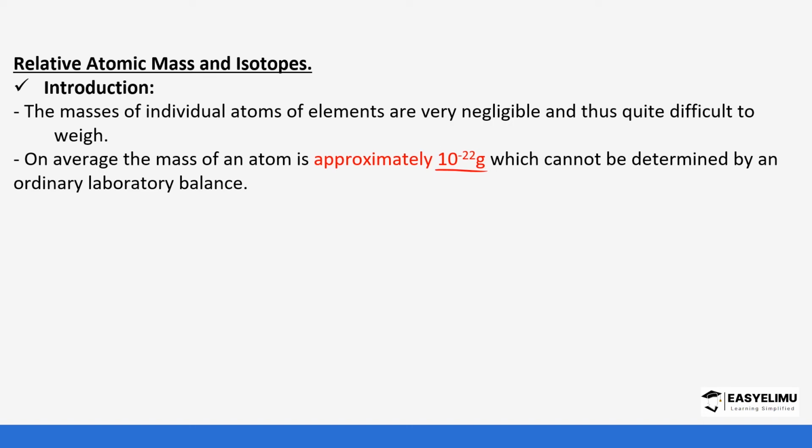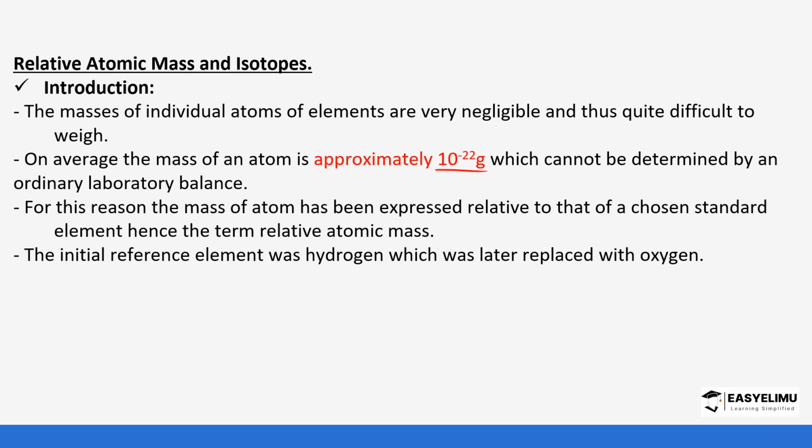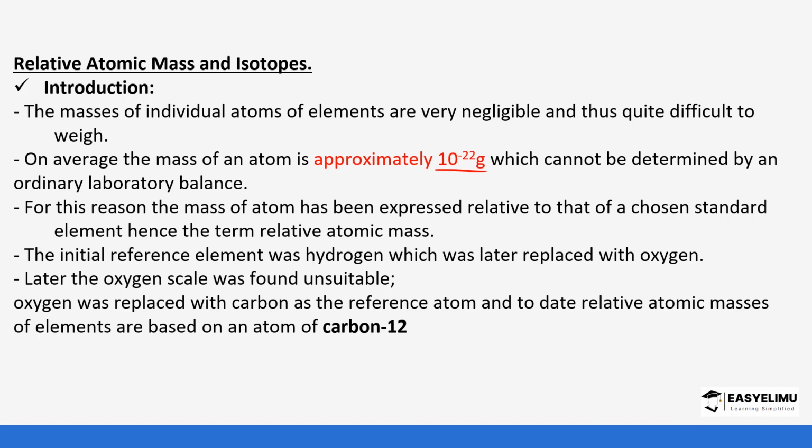It has a very big decimal value, which is very negligible. So for this reason, atoms are usually expressed relative to a chosen standard element. The one that was used before was hydrogen, which was later replaced by oxygen. Oxygen was not found that useful, so later on it was replaced by carbon 12.